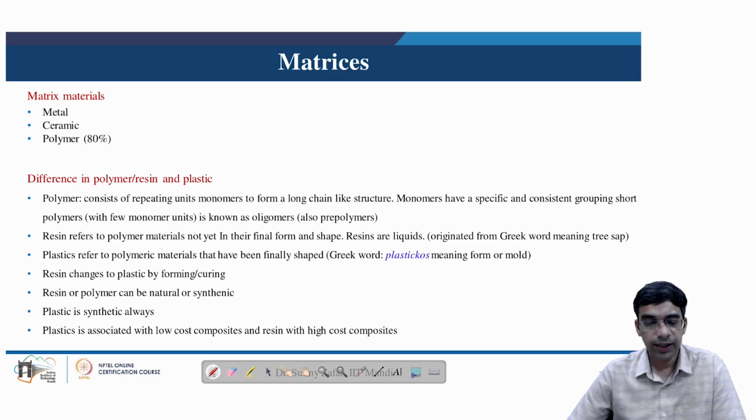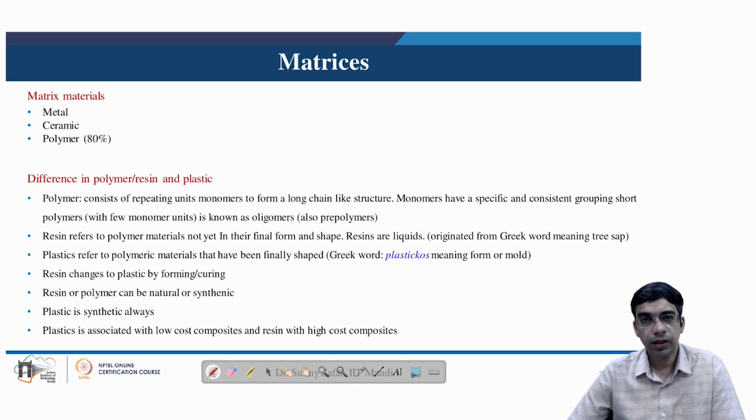In some cases, the polymers are also referred to as resins, which are not yet in their final form. The word resin originated from a Greek word meaning tree sap. And plastic also refers to polymeric materials which are generally shaped, from the Greek word plastikos, meaning it is formed or molded.